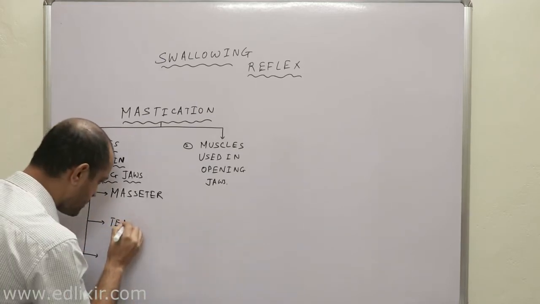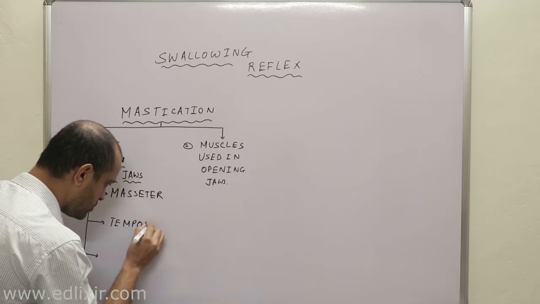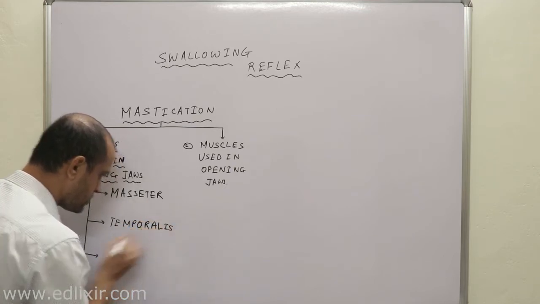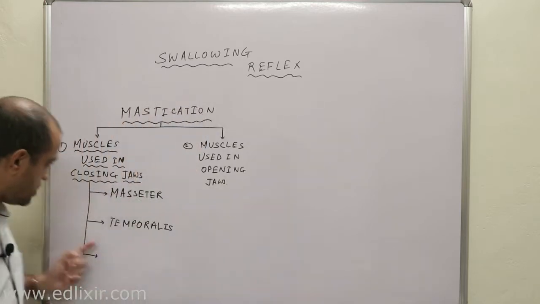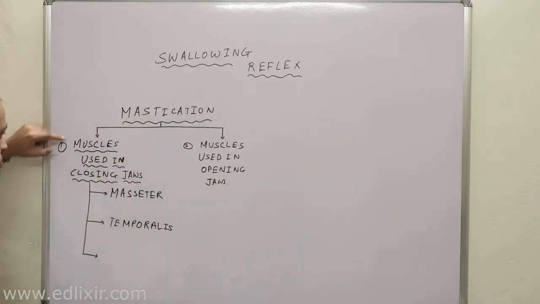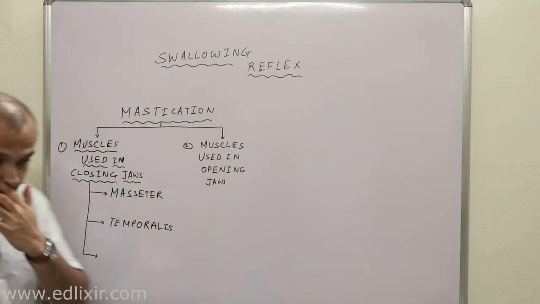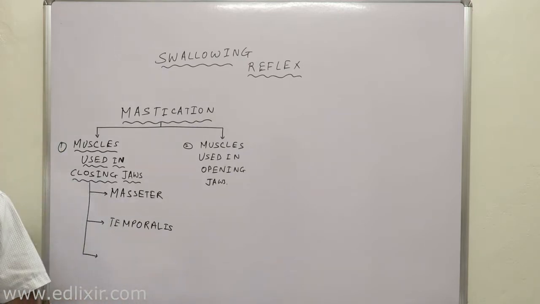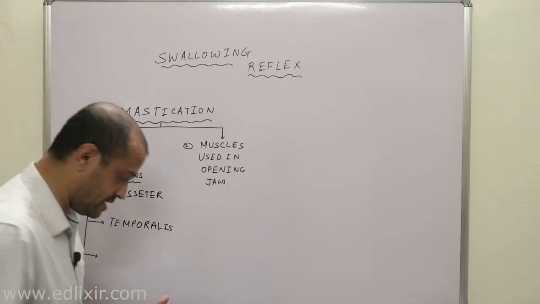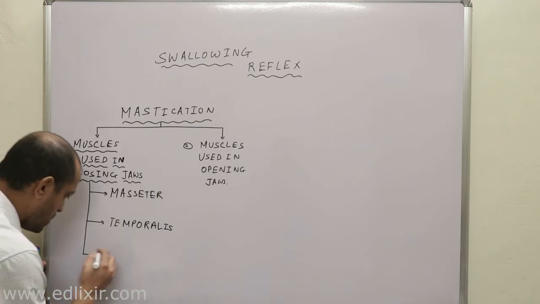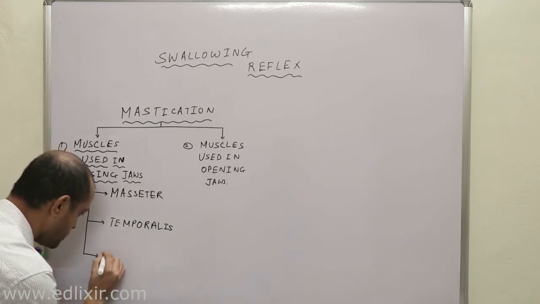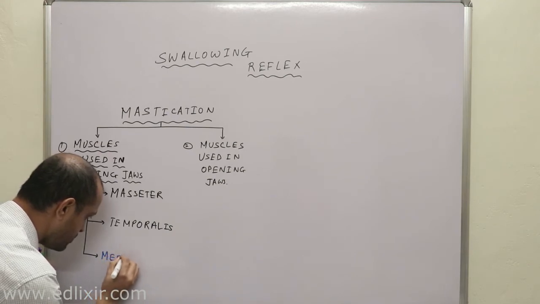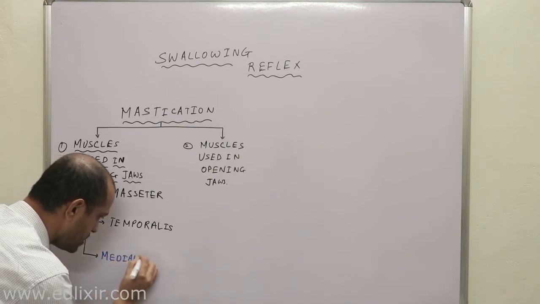Clear? And the third muscle used while closing the jaw is called the medial pterygoid.